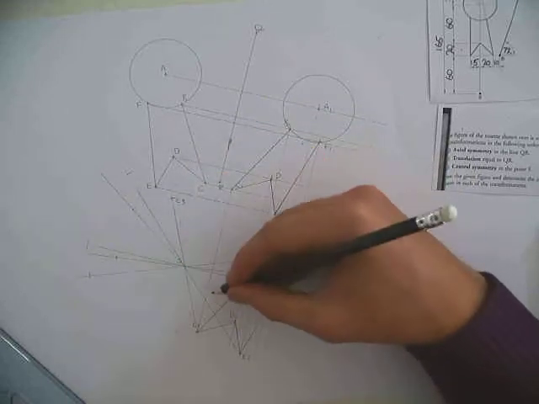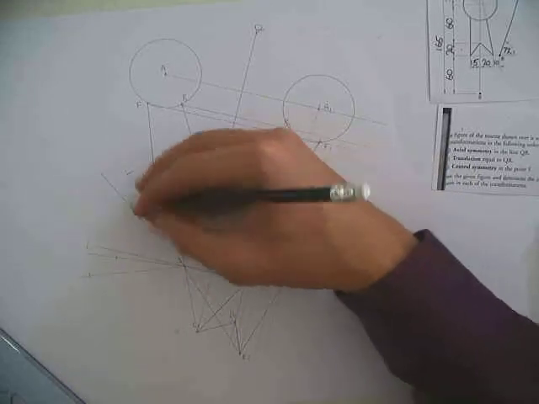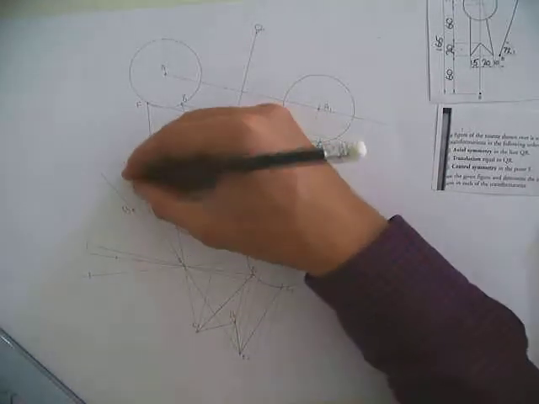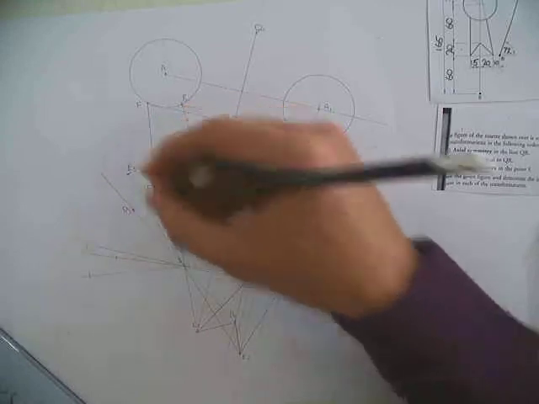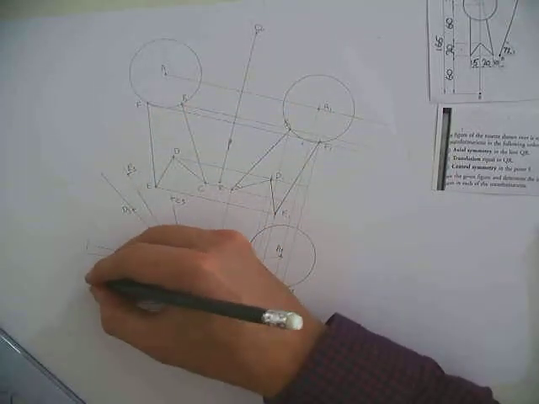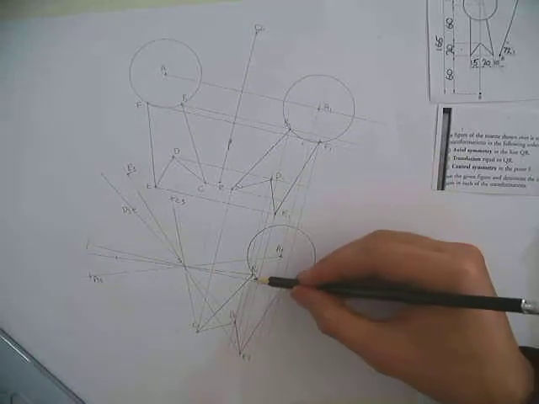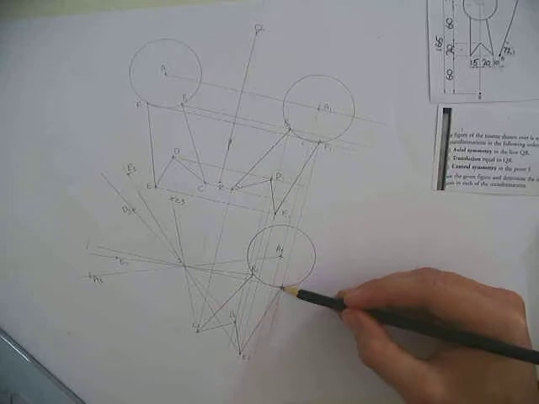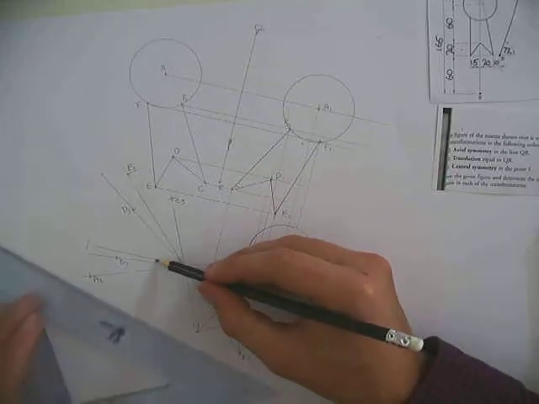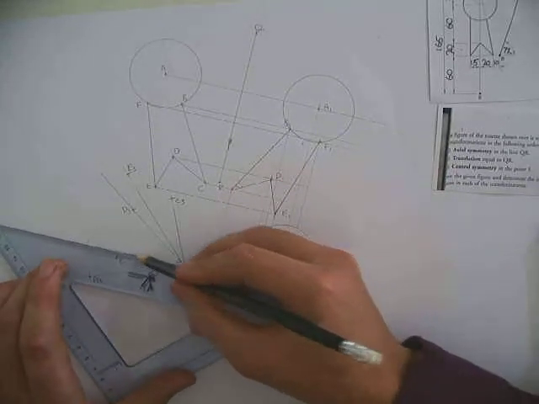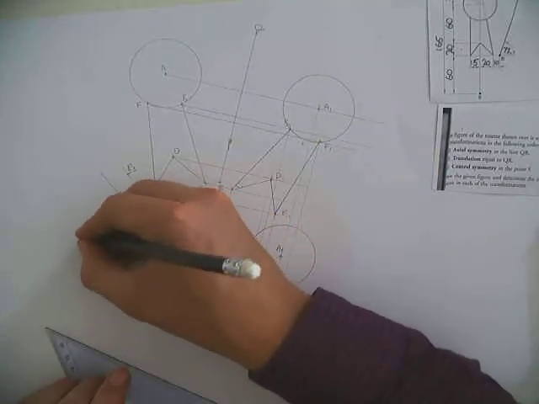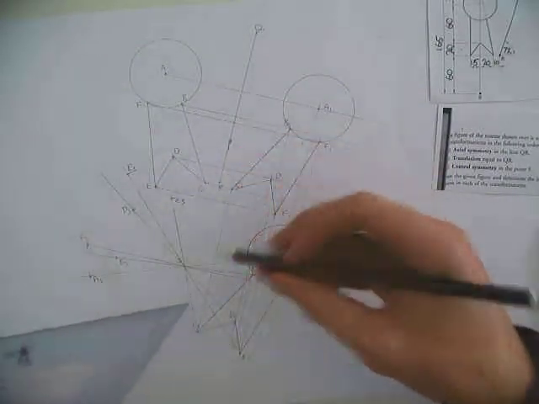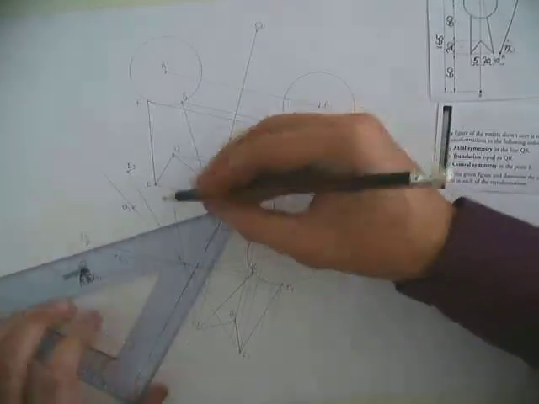Again, indexing my points, they become the point C3, D3, A3, B3, F3.